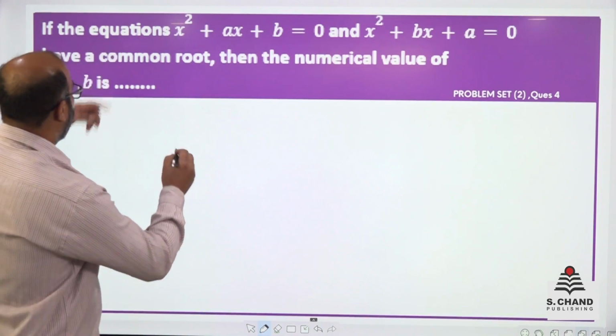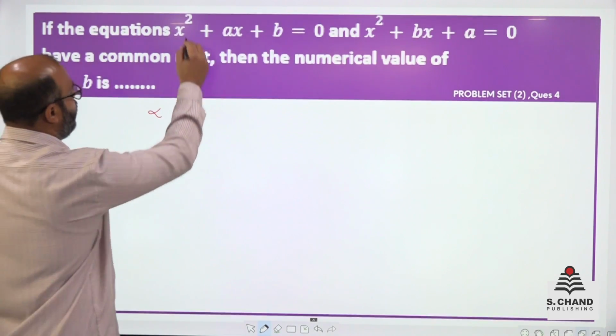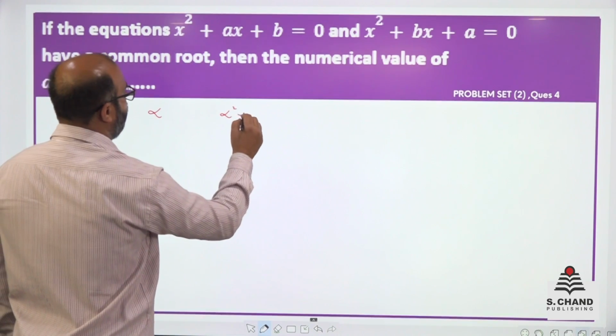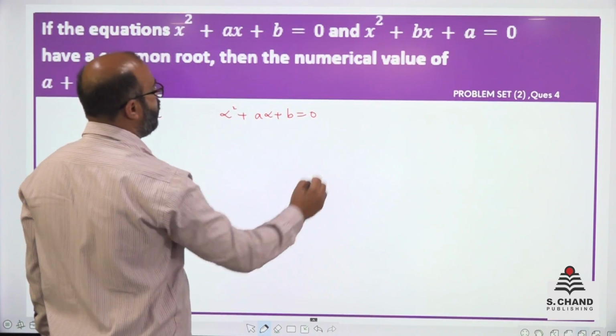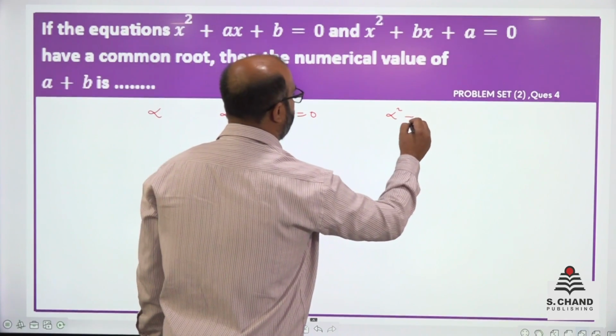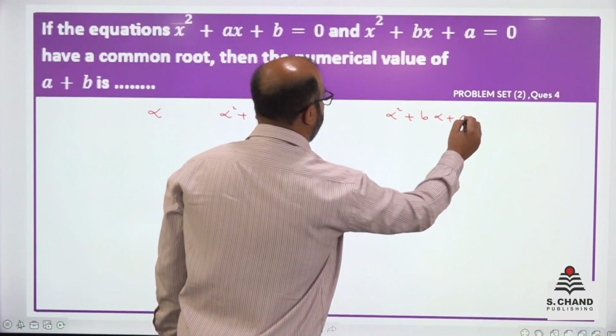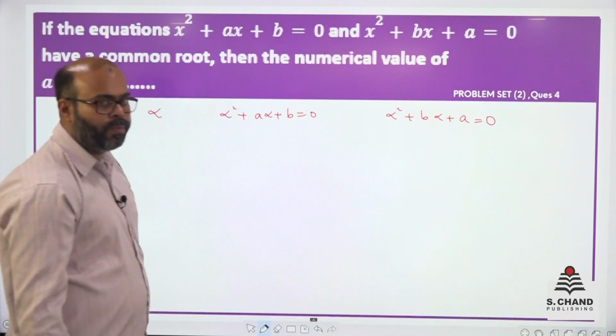So let us suppose the common root is alpha. So that alpha will be satisfying this equation, alpha square plus a alpha plus b equal to 0, and another one, alpha square plus b alpha plus a equal to 0.